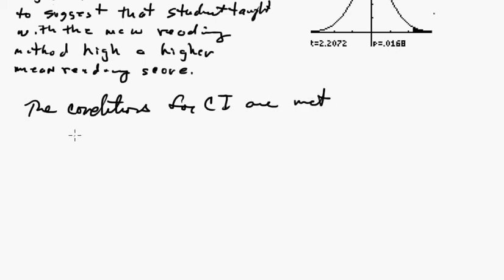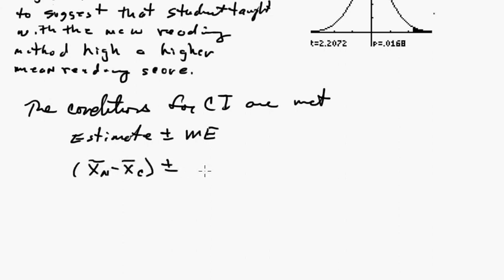So we are going to start with an estimate plus or minus the margin of error. Here the estimate is x bar n minus x bar c, plus or minus t star df, times the standard error of x bar n minus x bar c.